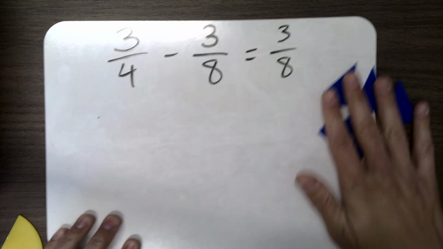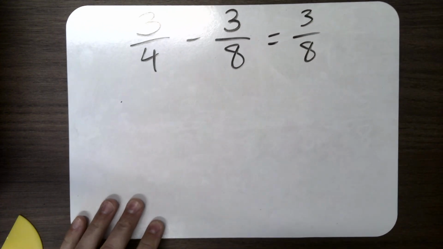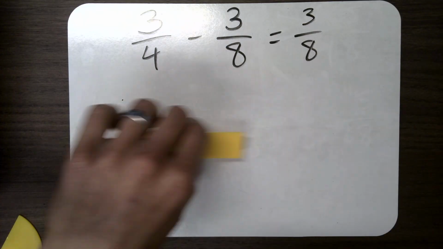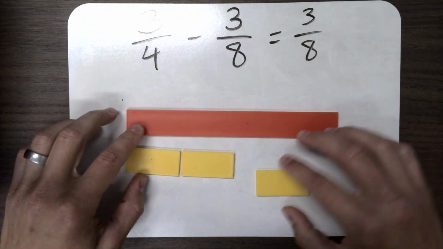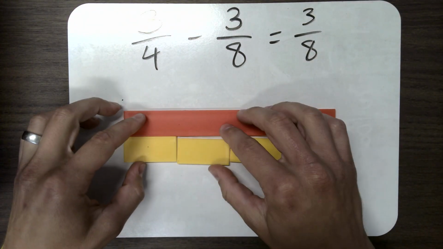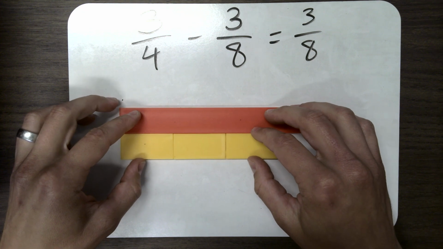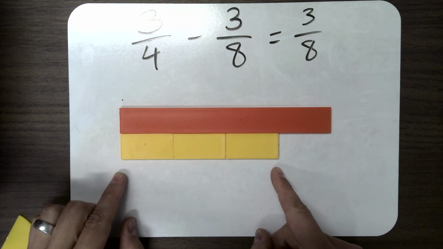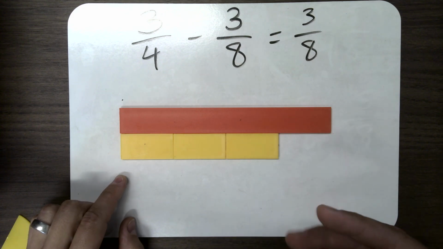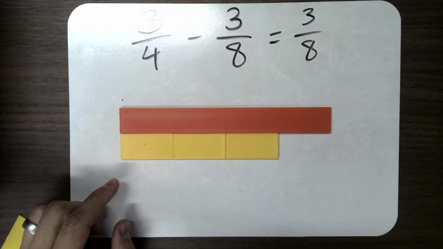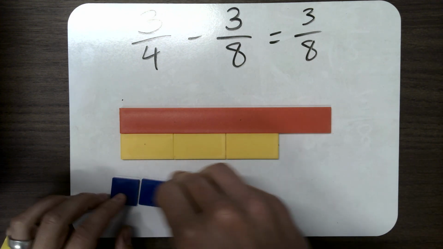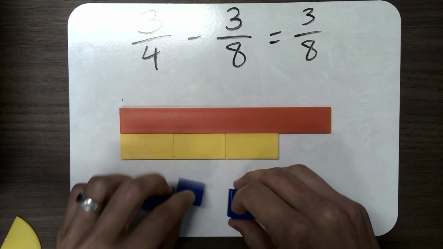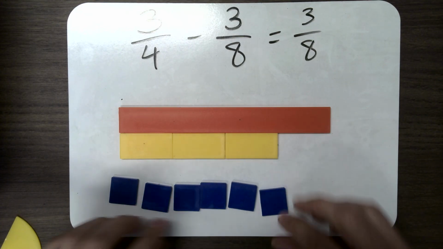Okay, so that is our concrete area model, and we'll look at a concrete length model with the fraction strip. So again, starting with a length of 3/4 of that whole. So we need to take away 3/8 of this length. We don't have lengths of eighths represented. So again, we need to find an equivalent fraction.